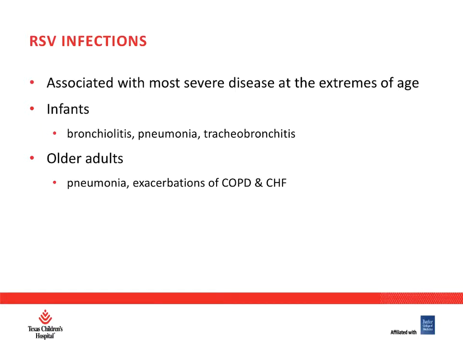So RSV is a pathogen most closely associated with severe disease at those extremes of age. In infants and young children, we see severe cases of bronchiolitis, pneumonia, and tracheobronchitis, and in older adults, it can also cause pneumonia, but also pretty severe exacerbations of chronic obstructive pulmonary disease and congestive heart failure.